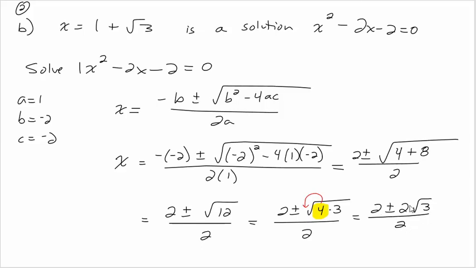So now I have two terms in the numerator, and I need to divide each of those terms by 2. So 2 divided by 2 is 1. 2 root 3 divided by 2 is 1 root 3, which I won't write the 1, so I get this for my answer here. X equals 1 plus or minus root 3. So certainly 1 plus root 3 is an answer, and the other answer is 1 minus root 3.